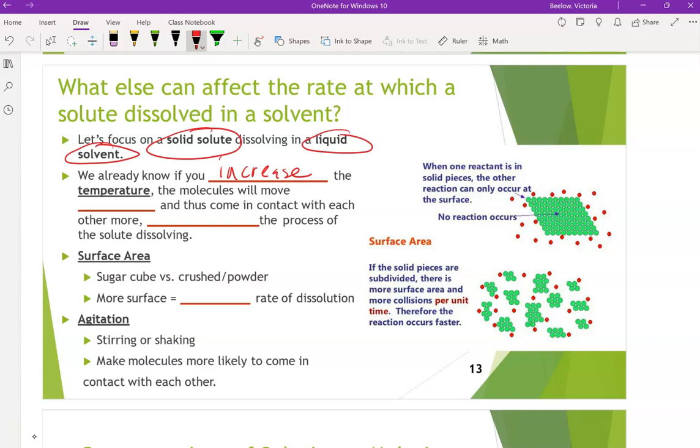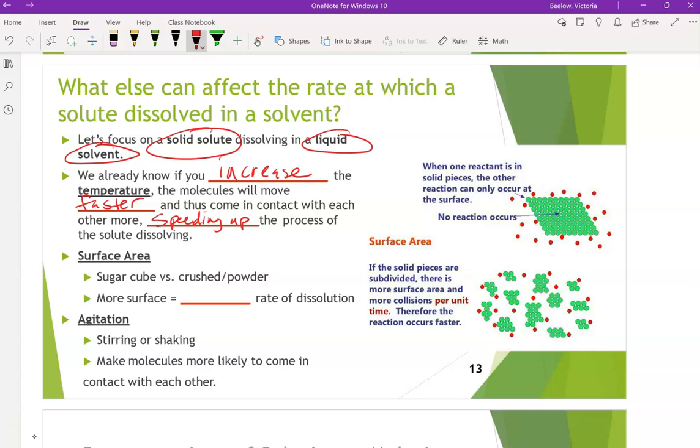We already know if you increase the temperature, the molecules will move faster, remember kinetic molecular theory, and thus they'll come in contact with each other more, and this speeds up the process of a solute dissolving. So the reason something dissolves faster in hot versus cold is because the molecules move faster. It's not a chemical reaction, but the molecules will be able to be broken down faster in the solute.